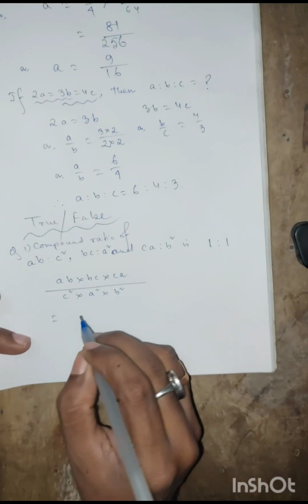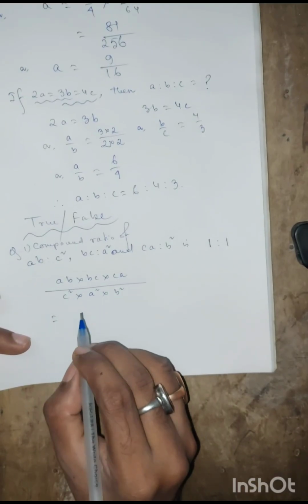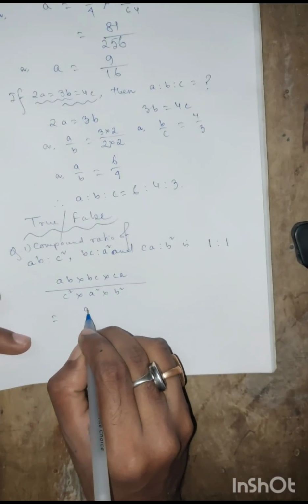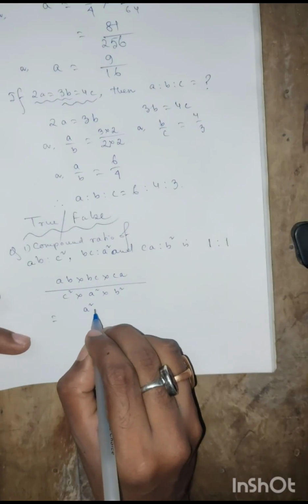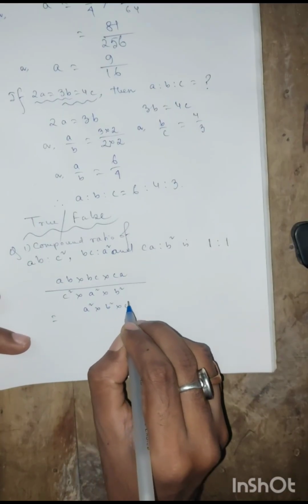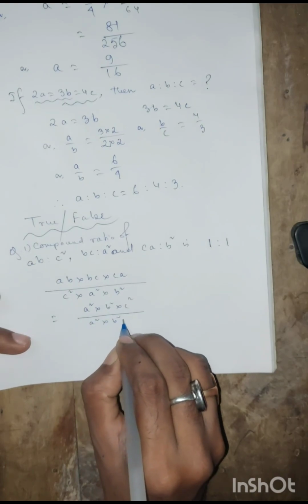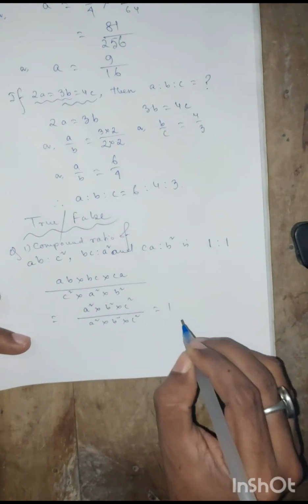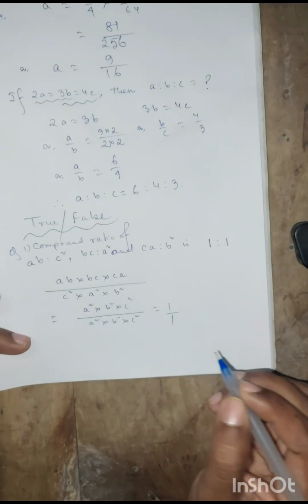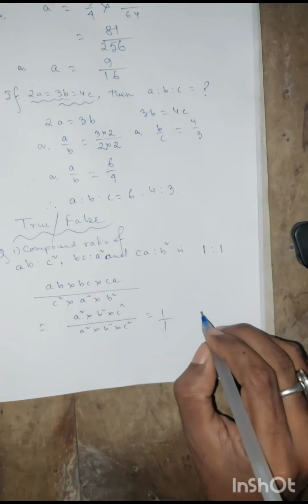So now the ratio becomes, in the numerator we can write a square into b square into c square by a square into b square into c square. So this is actually equal to 1 by 1, that is 1 is to 1. So this is true.